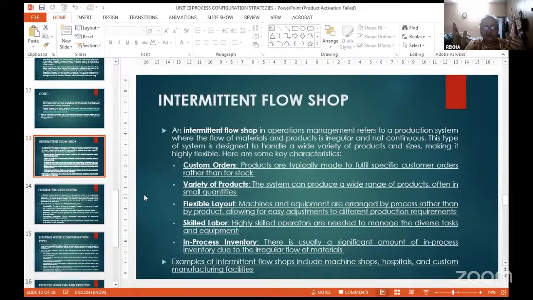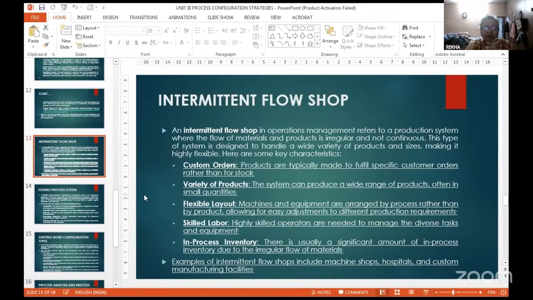The system can produce a wide range of products, often in small quantities. Flexible layout. Machines and equipment are arranged by process rather than product. If the demand is high, more machines and more equipment will be required. And when it is low or slack, then accordingly you can adjust.